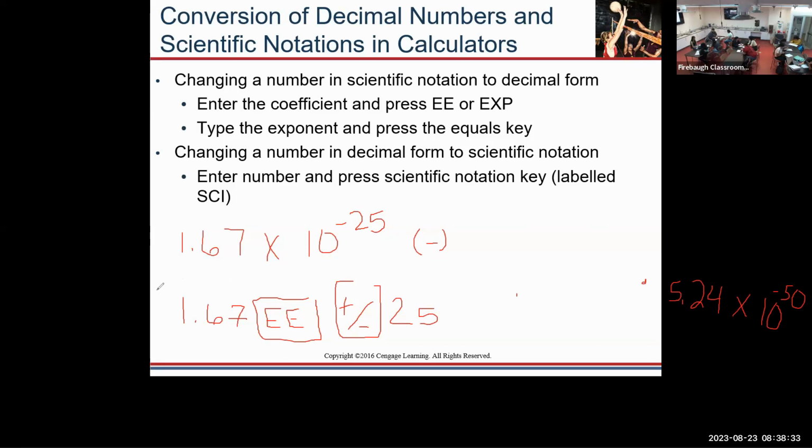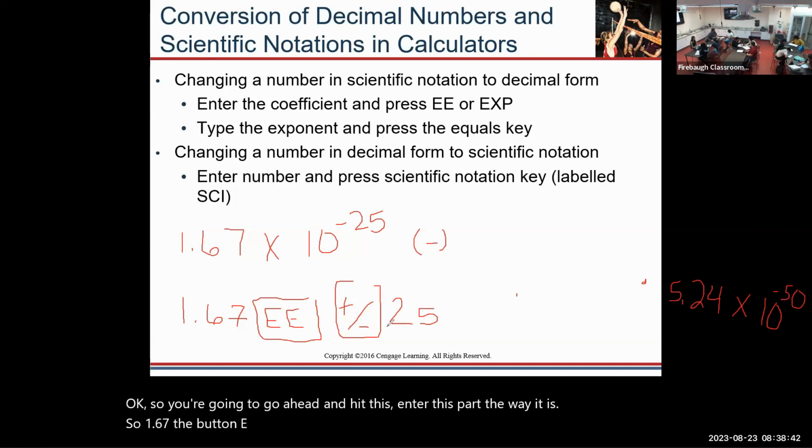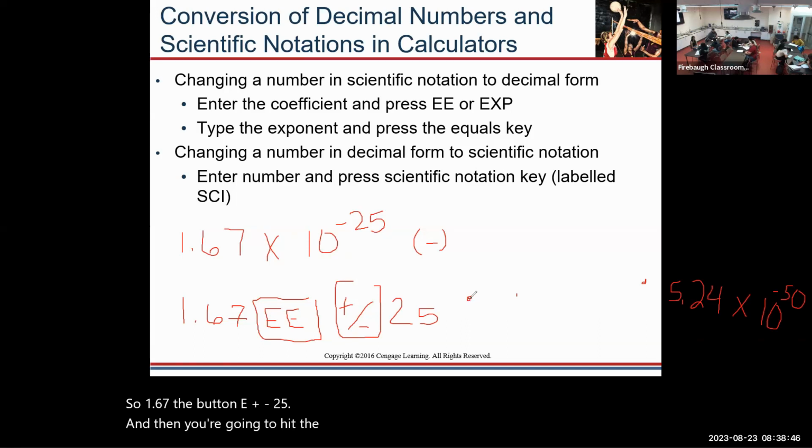Okay, so you're gonna go ahead and enter this part the way it is. So 1.67, the button EE, plus minus 25. And then you're gonna hit the division button.